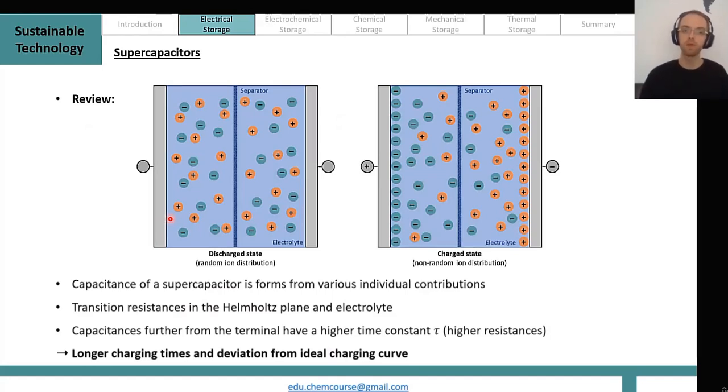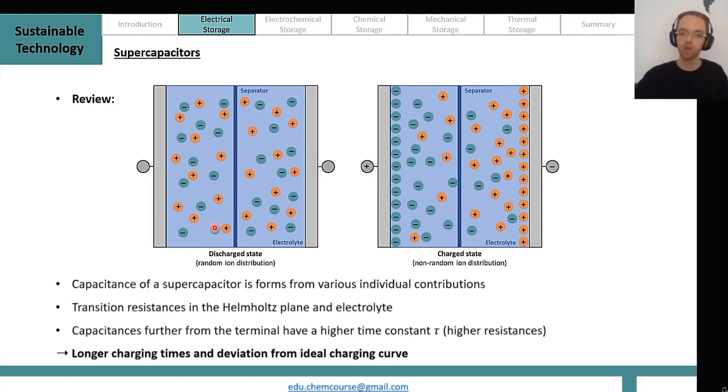To review this, I would like to point out a few key things about supercapacitors now. Please recall that in an uncharged supercapacitor, in a discharged state, we have a random ion distribution. We have a bulk situation here with positively and negatively charged ions, cations and anions, being randomly distributed.